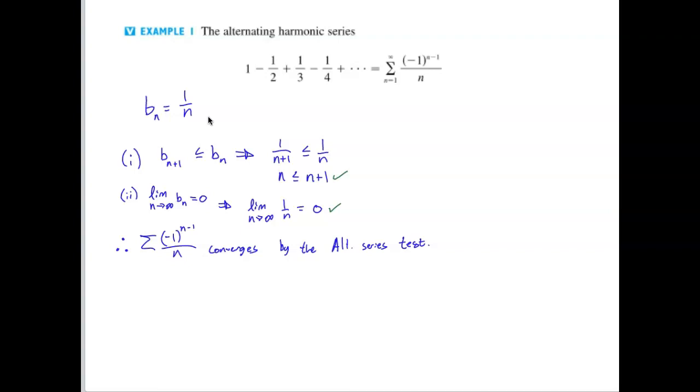And that's it. As long as it's an alternating series and both those conditions are satisfied, then we've proven it convergent.